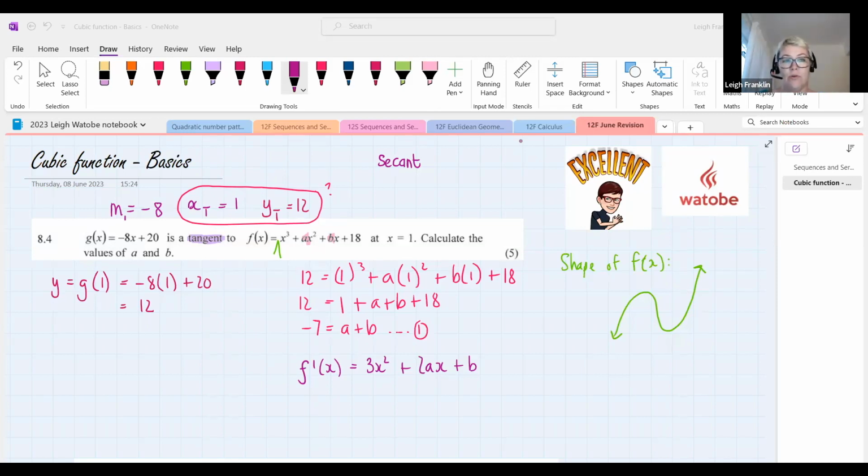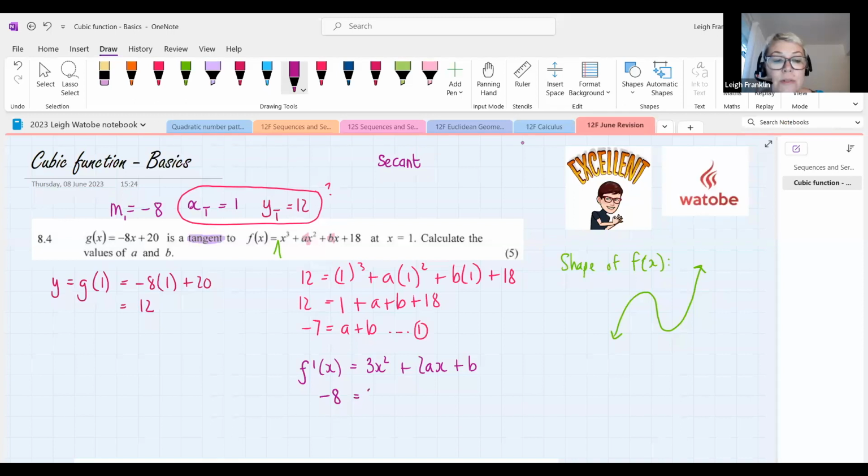Again, you know the gradient at the point of tangency, and you know the x-coordinate at the point of tangency. How can you use those? Sub in -8, absolutely. So I'm going to sub in -8 in place of f prime x, because that is the gradient at the point of tangency.